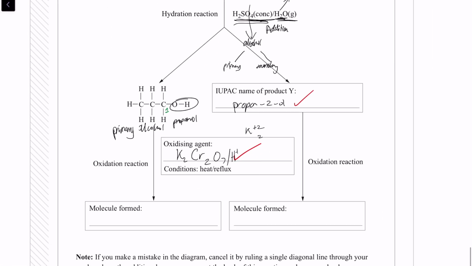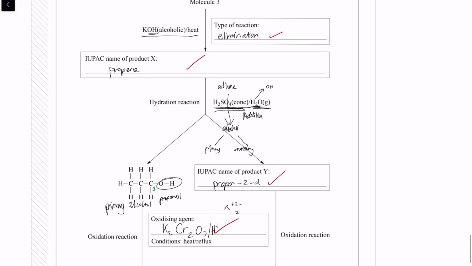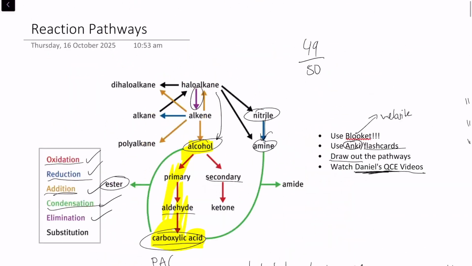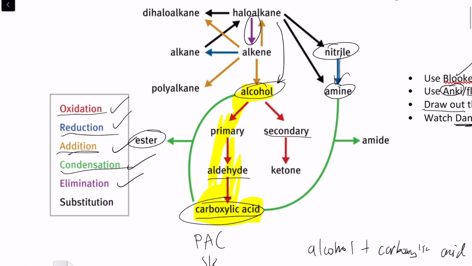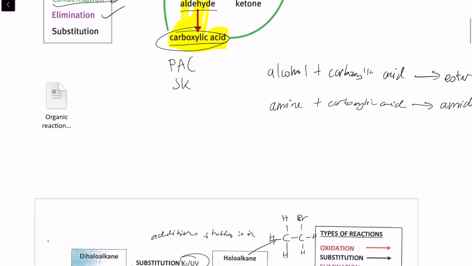But I guess you can sort of see how the QCAA questions won't necessarily make you have to repeat the drawing here. It's mainly about understanding the diagram and knowing what reagents or catalysts are involved in between the reactions as well.